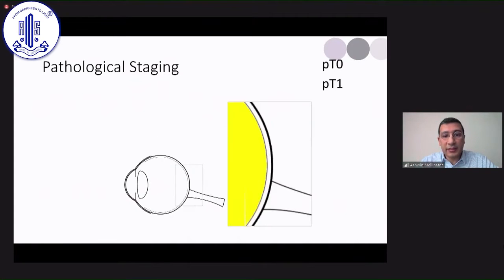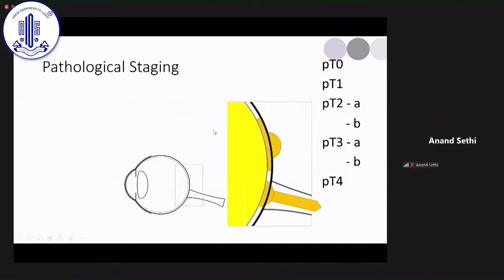The pathological staging system, again, when it's described, pT1 is when it's in the eye, pT2 is when there's focal involvement, or pT2B could be the ones with involvement of Schlemm's canal, and pT3A is where you have massive choroidal involvement, and pT3B is retrolaminar choroidal involvement. pT4 is where the tumor has left the eye.